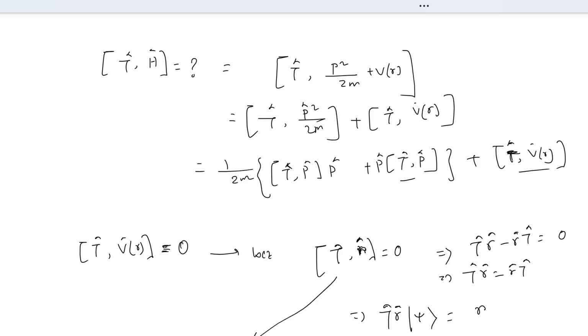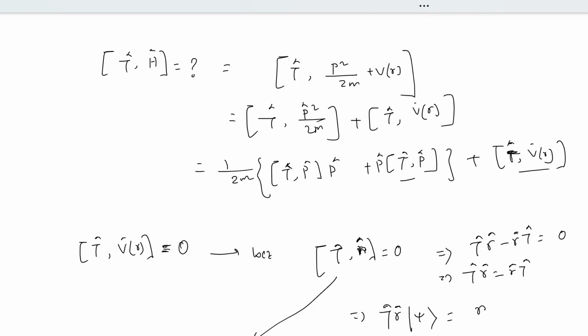r acting on psi r gives you only r psi r, the position r, minus r T acting on psi r. T does not change the position, so psi becomes psi. Now T can only act on psi of r and not on r.